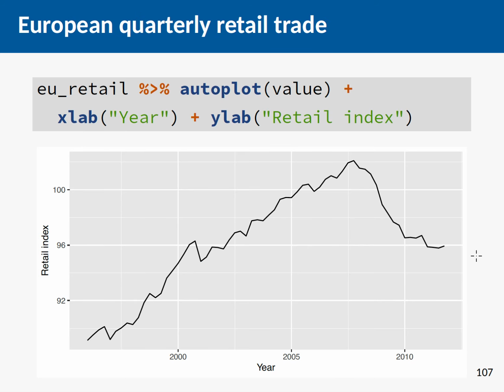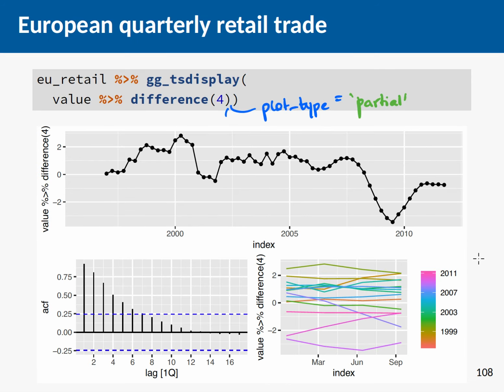Now, if we look at a data set called European Quarterly Retail Trade, you can actually plot this data and see whether there is any seasonality present and what type of patterns this data would follow. You can use the gg_tsdisplay command to plot your data and take a look at the autocorrelation functions. In this case, you're seeing an exponential decay in the ACF.